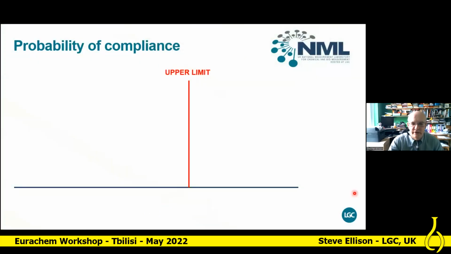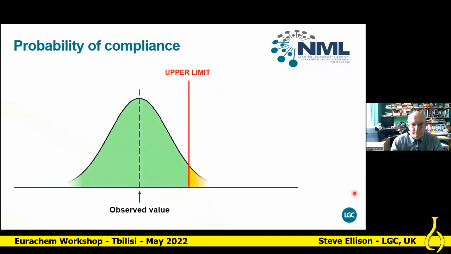And the way that works is to go back to our picture. We say, well, if we had an observed value down here with an uncertainty just the same as before, we've got a compliance probability here of about 95%. So that means that we've got a false declaration probability of only 5%, and that's quite reasonable.